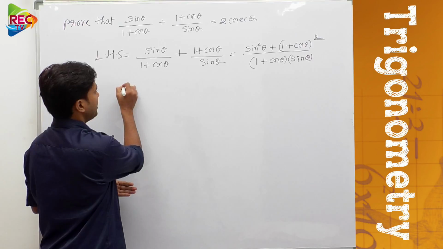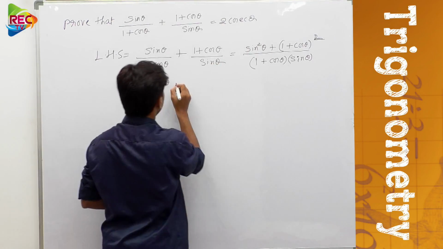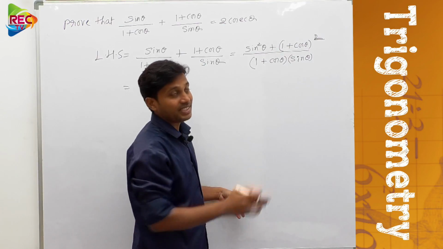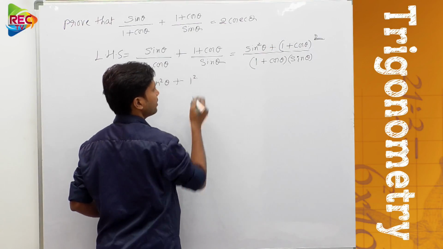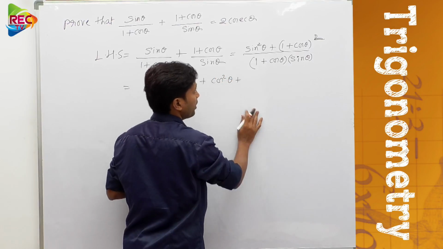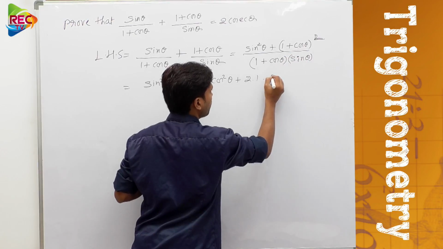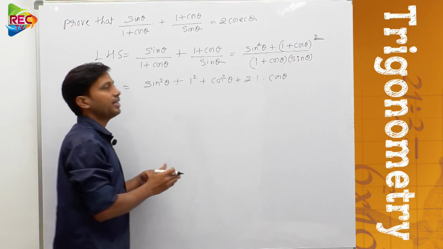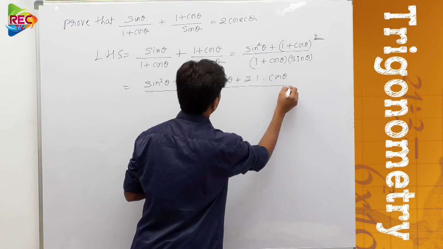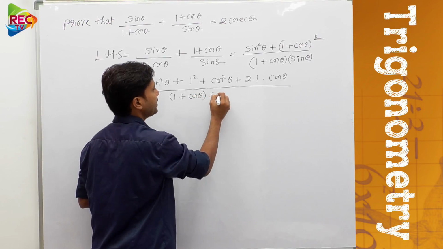So here, this is sin square theta, plus now 1 plus cos theta whole square, that means a square, that is 1 square, and b square, that is cos square theta, plus 2ab, 2 into 1 into cos theta, right? 2ab term I wrote, by 1 plus cos theta into sin theta, right?